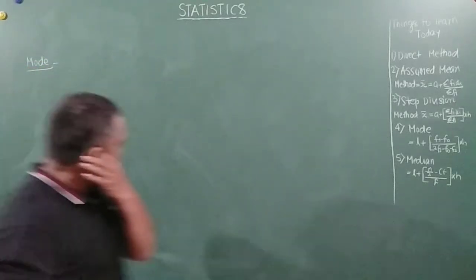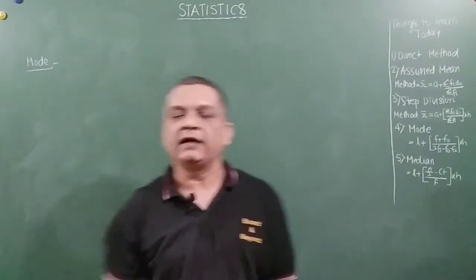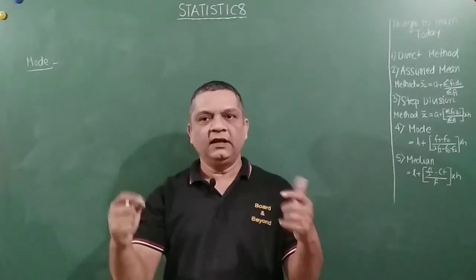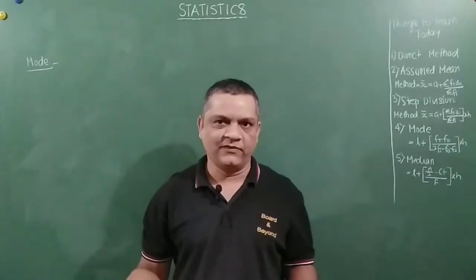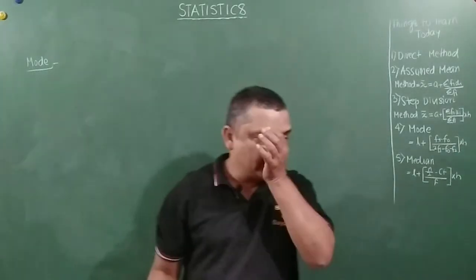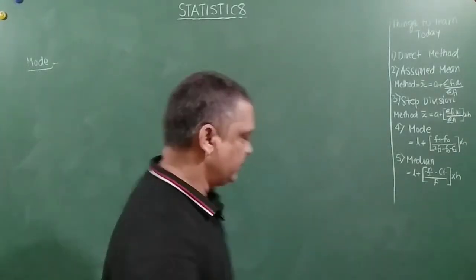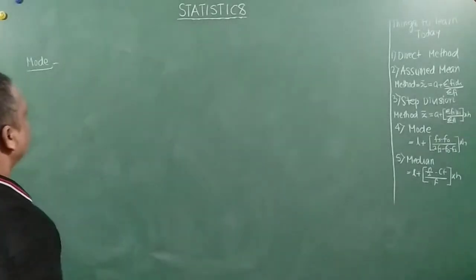For raw data, that is ungrouped data, we all know that the observation which occurs the maximum number of times is called the mode, correct? But in grouped data, the mode is given by a formula.